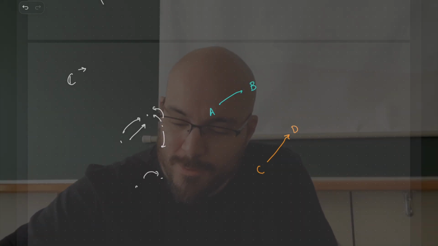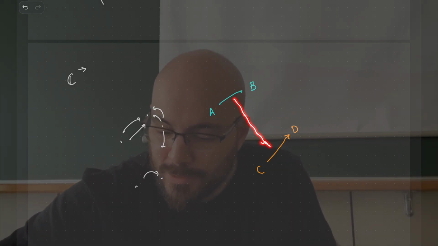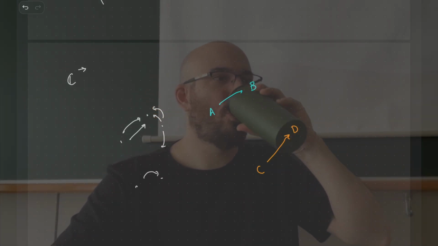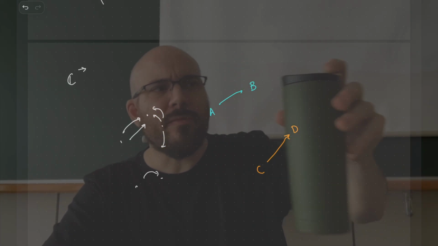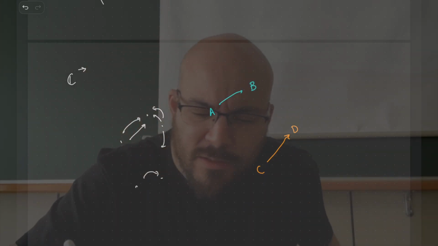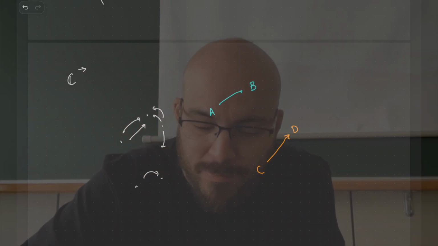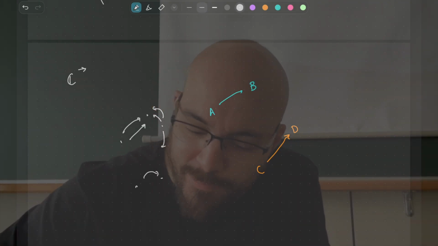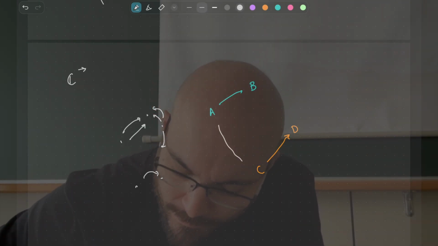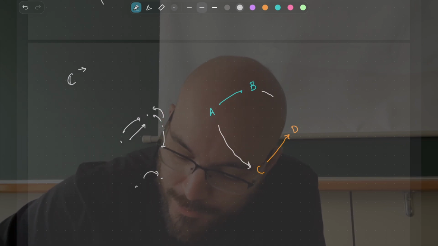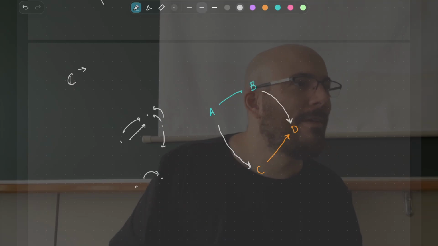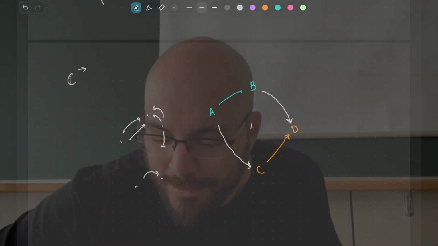You want some way that will get you from here to here. Any ideas? Manolis? It's a pair of arrows, a couple of arrows. One from A to C, and one from B to D. And I hope we are getting the idea that we'll not stop here. Such that this square commutes.